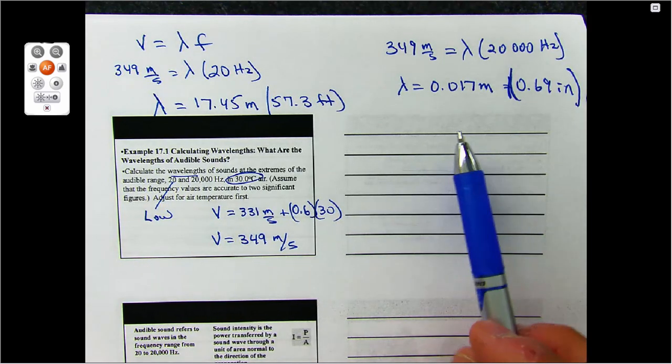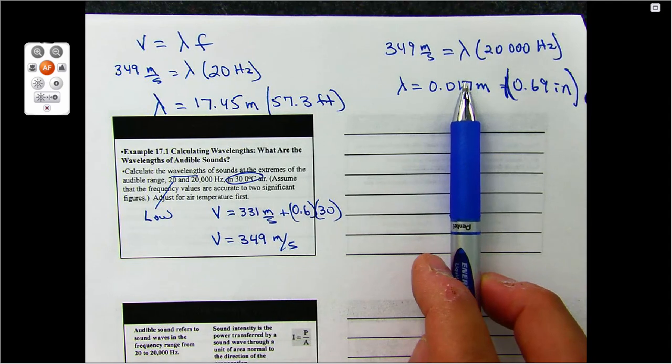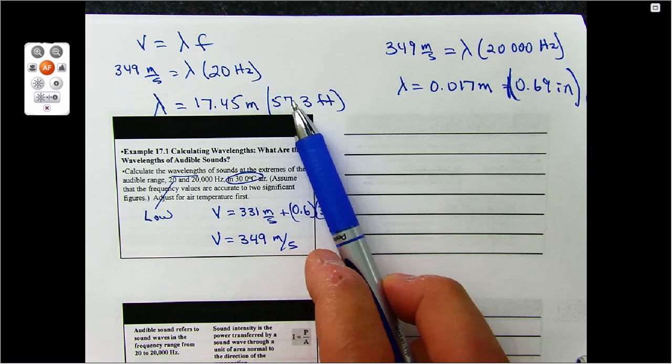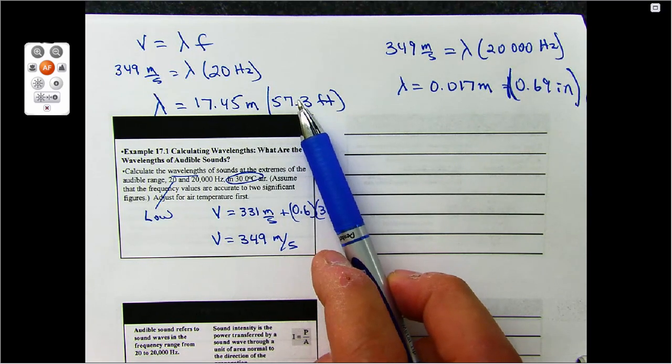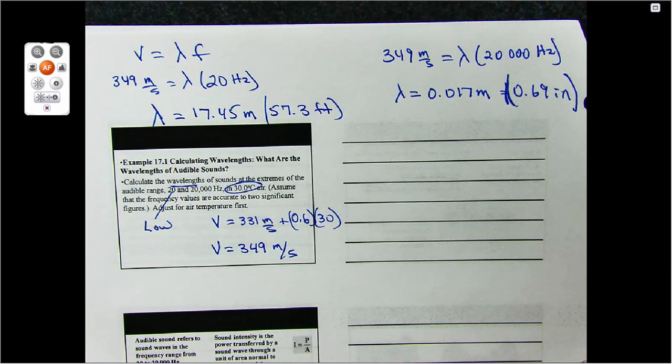Yeah, 0.017 meters. High frequency, right? Short wavelength. Lower frequency, much longer wavelength. If one goes up, the other one goes down, and so on.